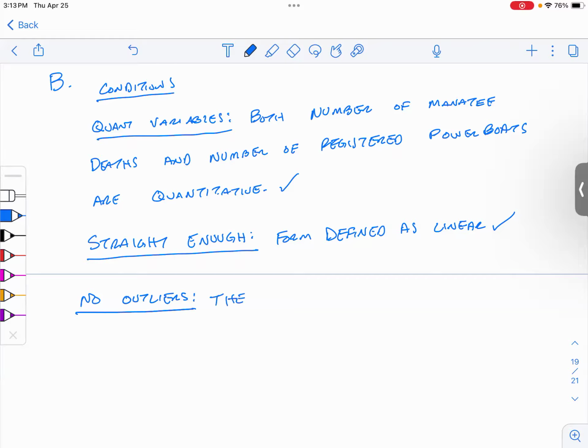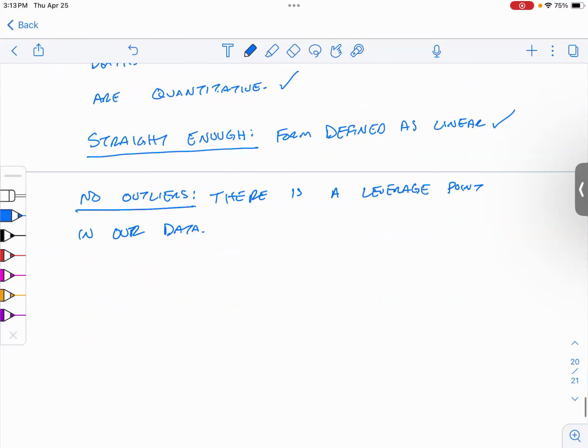There is a leverage point in our data, but there are no influence outliers in our data.